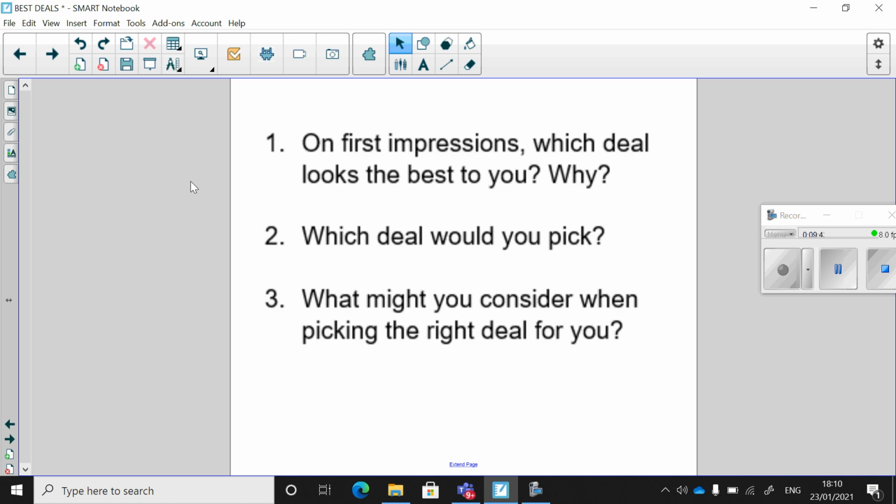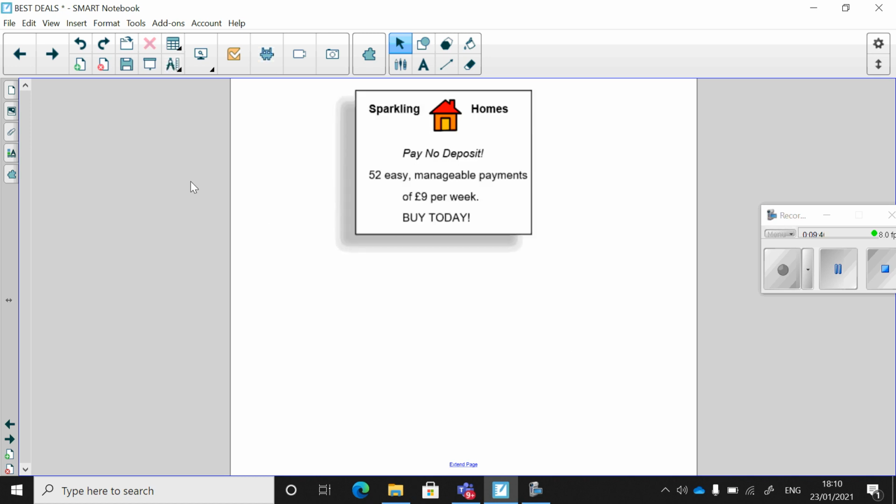Right, let's go through them. First one, Sparkling Homes, 52 weeks at £9. Looks like a simple calculation: 52 times £9. That looks good to me. 468. Okay, let's move on.